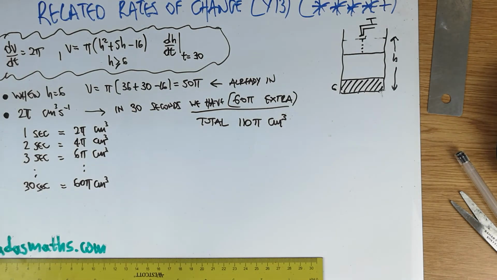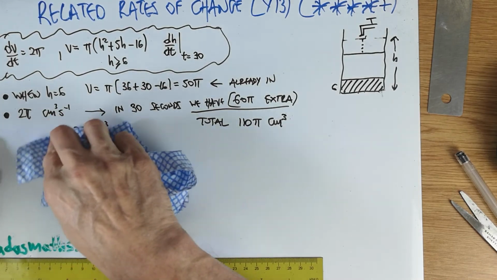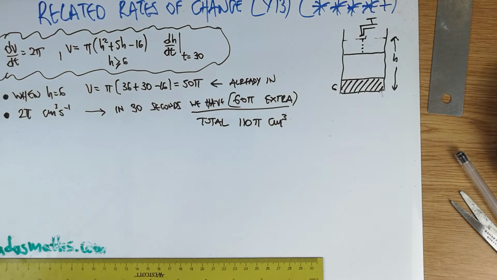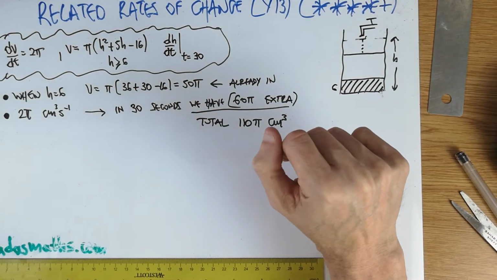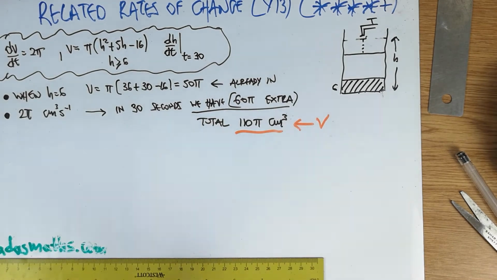The time it takes me to rub off these little workings here, I'm doing some kind of bullet point form. This is a volume. Well, I can definitely find the height of this.